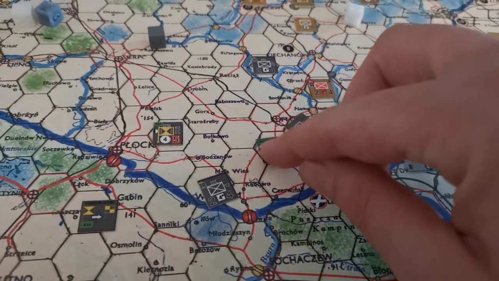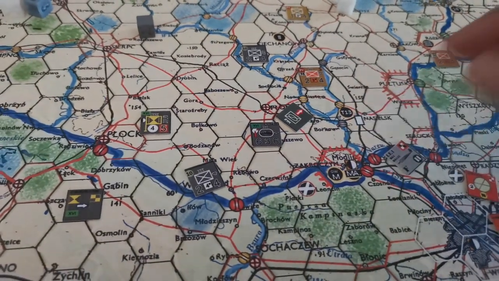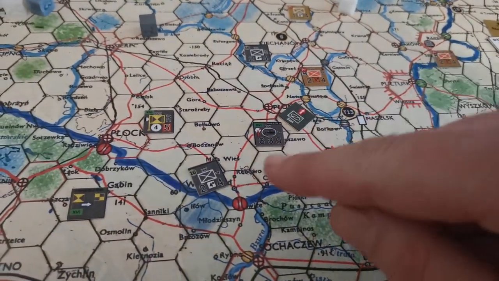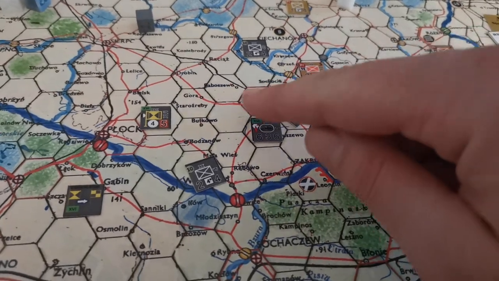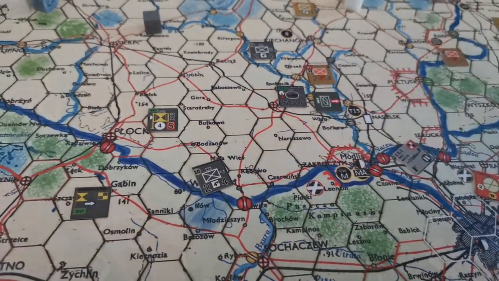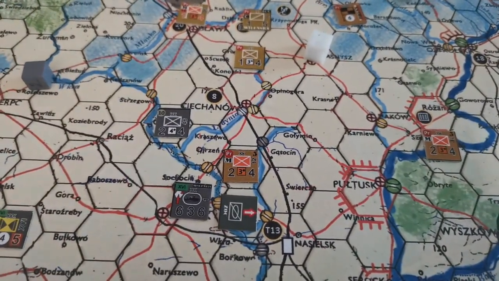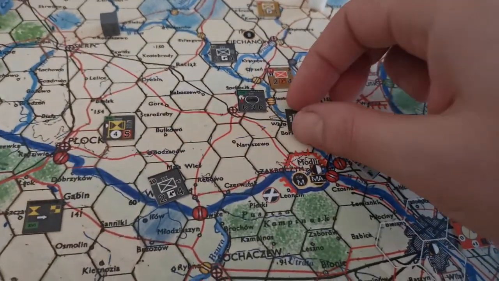A division can deploy this counter, which will mean that the zone of control of this division will be spread around larger terrain, which can cause, for example, isolation of units.